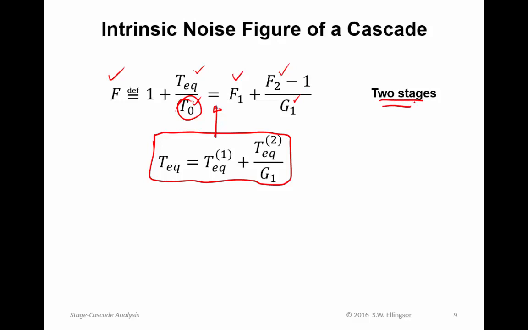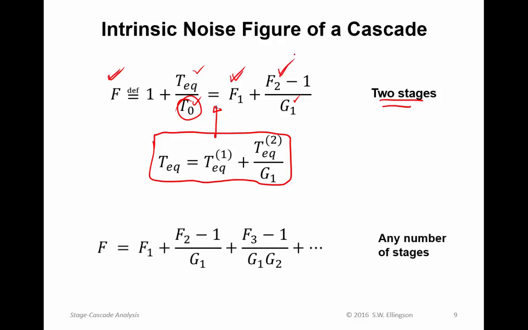So now I know how to compute the noise figure of a two-stage cascade given the parameters for the two stages. I can extend this idea to any number of stages, quite simple exercise to do. What you find is that the cascade noise figure is given by the noise figure of the first stage, and then this expression for the second stage, and then this term accounts for the third stage.